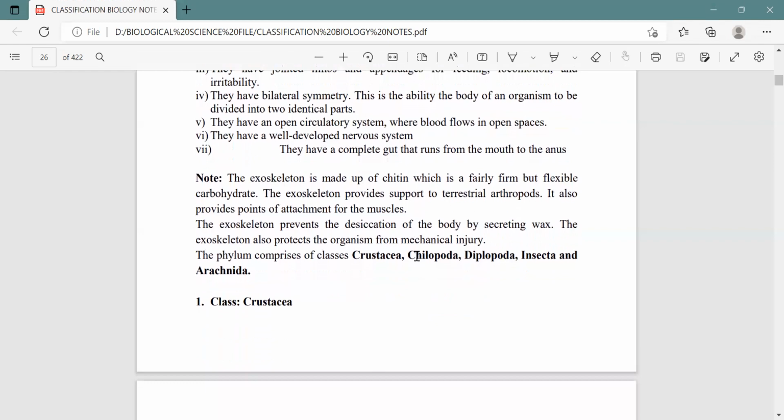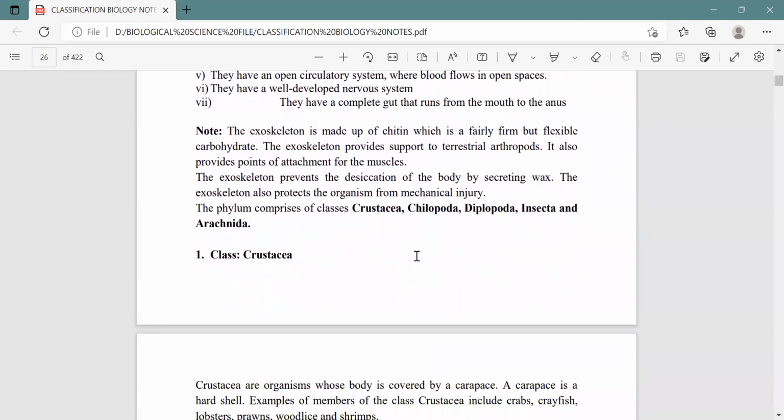The knowledge of the 5 classes of phylum Arthropoda: class Crustacea, class Chiropoda, class Diplopoda, class Insecta, and class Arachnida.